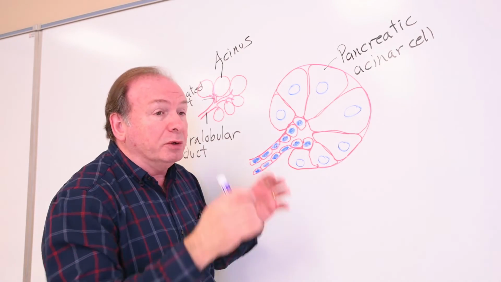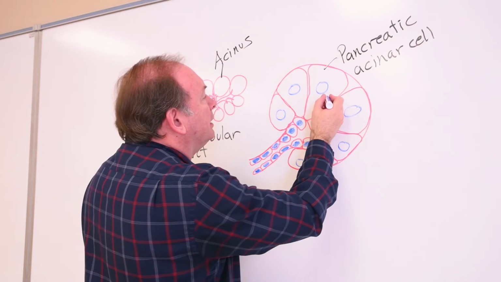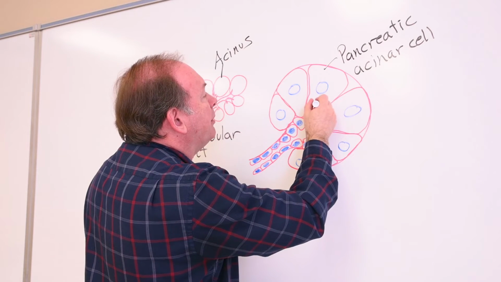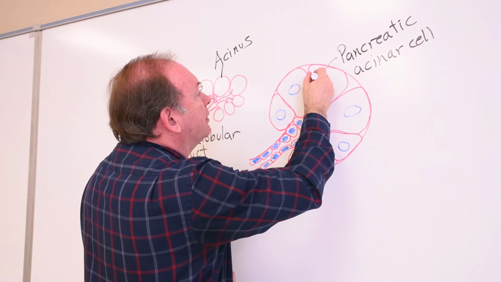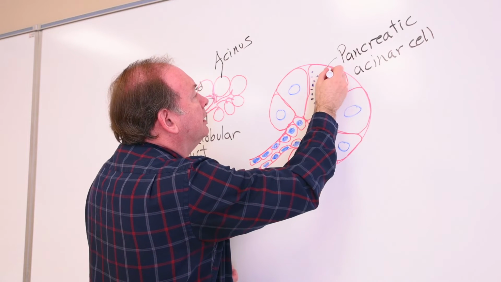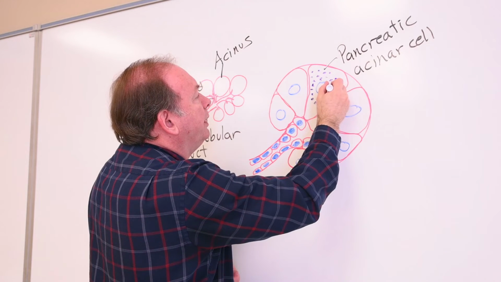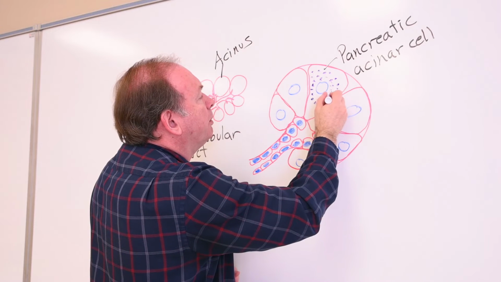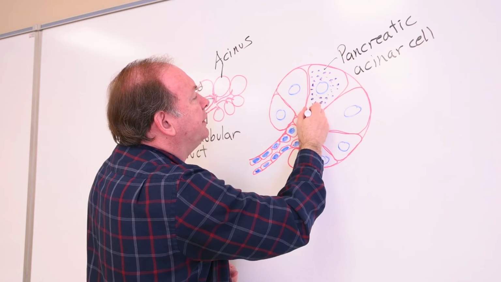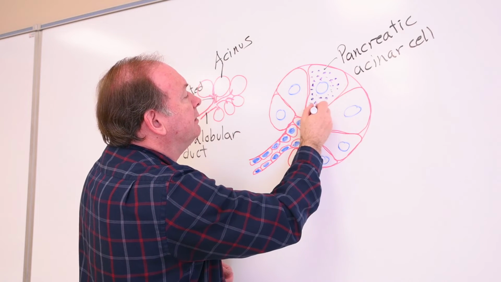Within that cell, you'll see lots of little enzyme-containing granules, and under the microscope, when they are stained, they typically show up as small, dark, bluish-purple granules throughout the cell. So they are very distinctive.